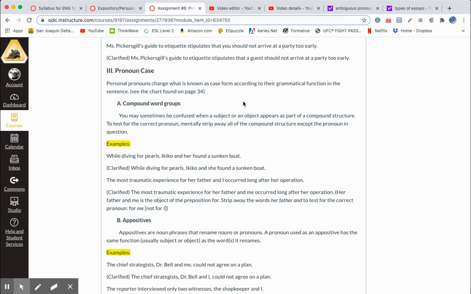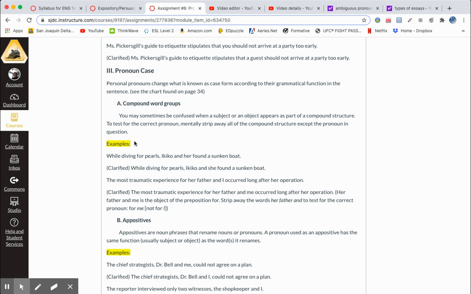I would encourage you to look in your textbook at the chart found on page 34, which is a reference that I'm referring to here. Let's look at compound word groups. You may sometimes be confused when a subject or an object appears as part of a compound structure. To test for the correct pronoun, mentally strip away all the compound structure except the pronoun in question.